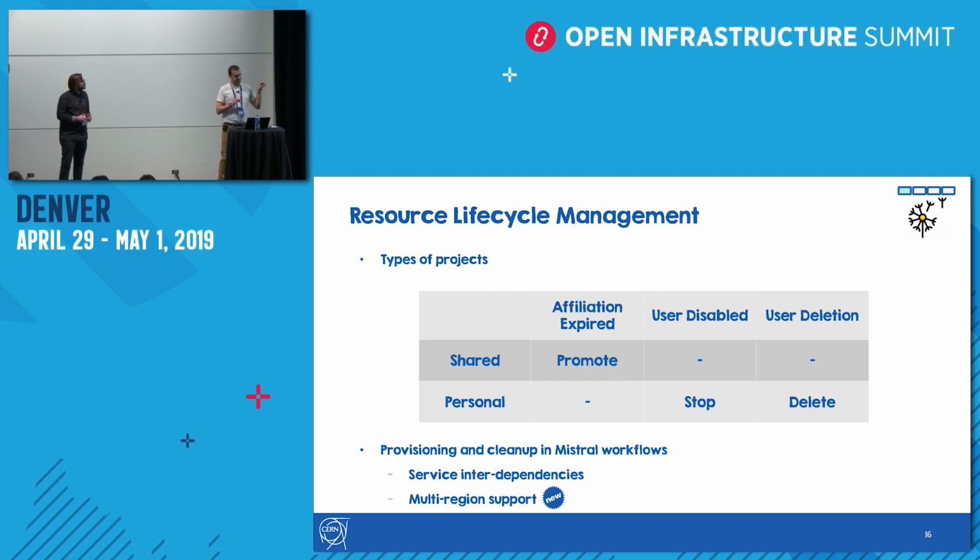The shared projects will be used for compute and production use cases. The idea is to track the resources there so they are not orphaned, so someone is behind the scenes managing the service. The personal ones cover cleaning up resources that are for private users, so those are properly decommissioned.